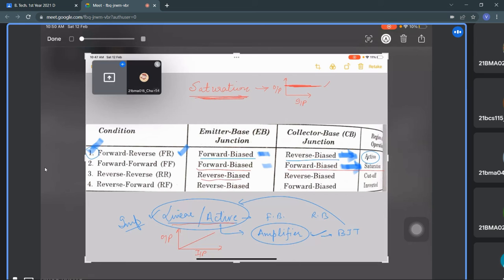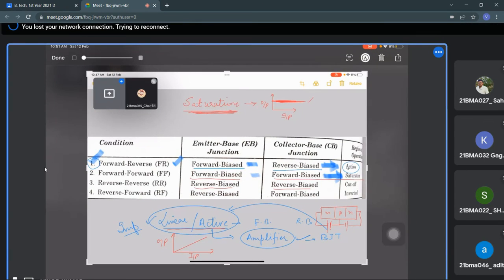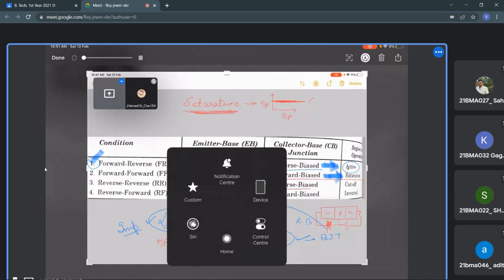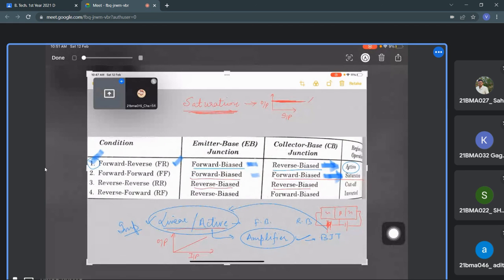And the third one is both are reverse bias. अगर दोनों reverse bias करते हैं तो क्या होगा? If we are making both the junctions reverse bias, so means दोनों junctions बड़े हो जाएंगे. डिप्लीशन रीजन ऐसा हो जाएगा, एक तरह से बहुत बड़ा सा हो जाएगा, isn't it?